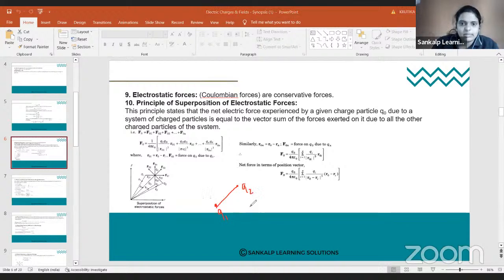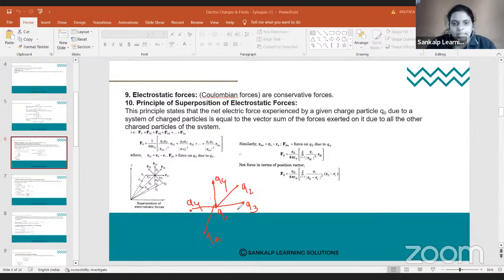So Q1 is surrounded by Q2, Q3, Q4, then Q5. So Q1 is surrounded by n number of charges. Now you know that according to Coulomb's law, the force between two charges, whether repulsion or attraction, will be there between the two charges.